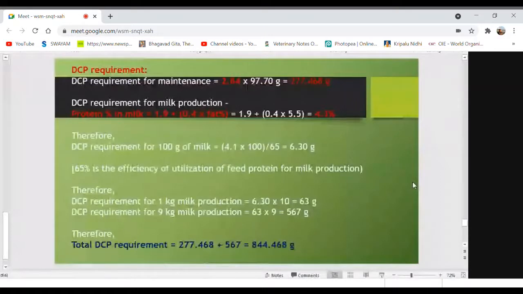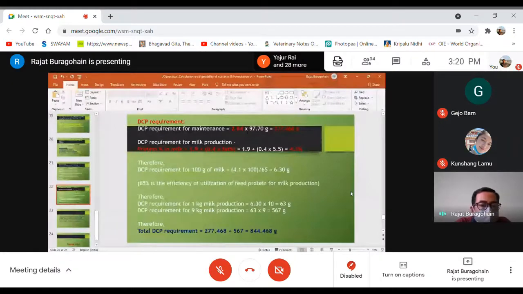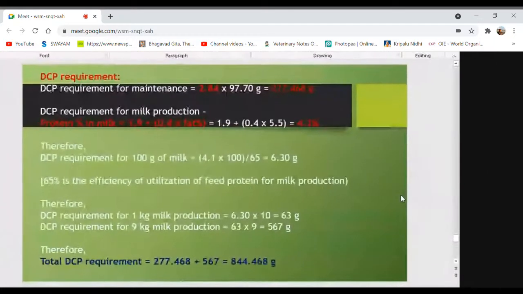Now, since feeding has already been discussed by Viren, in case of ruminant animals ration formulation is different. Since we have to provide both roughage and concentrate together to ruminant animals, it will be a total mixed ration, that means TMR.